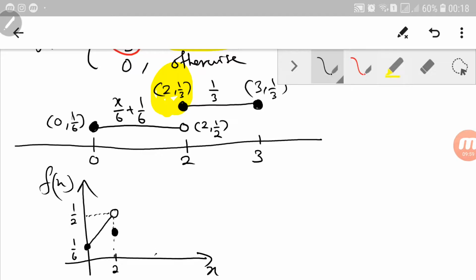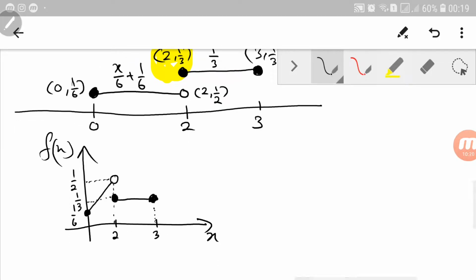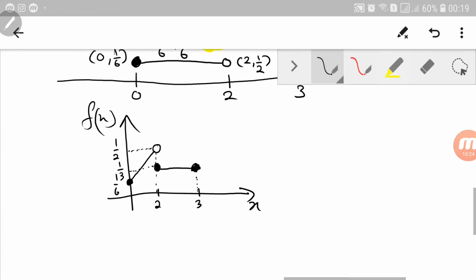Then on top of 3 I have the same height of a circle, and then we join them, and this one I extend the dash line and label it with 1/3. So this is the sketching of the function of small f.